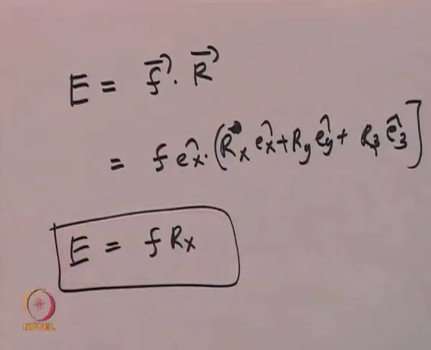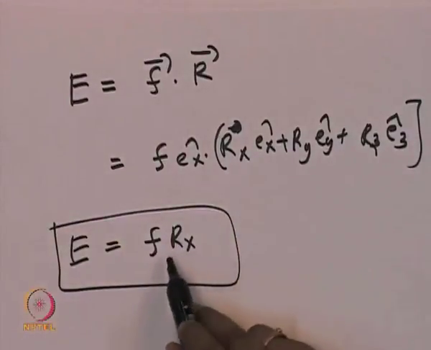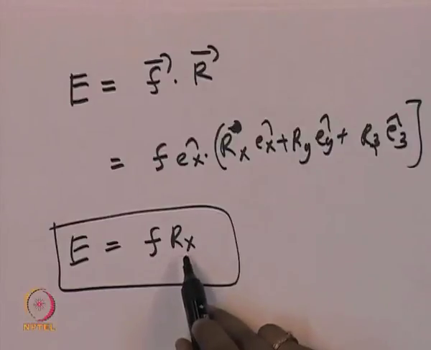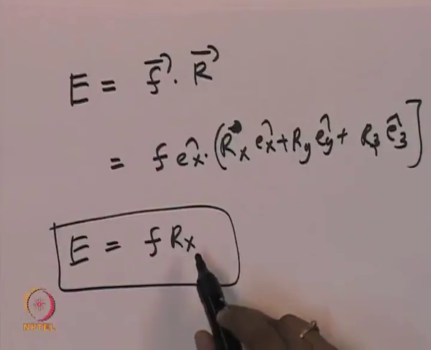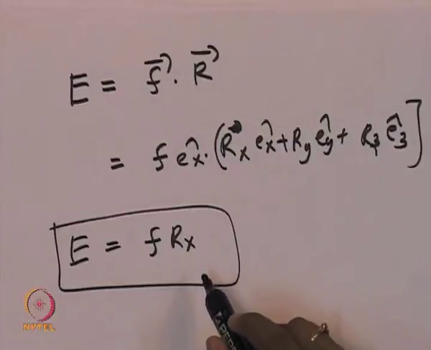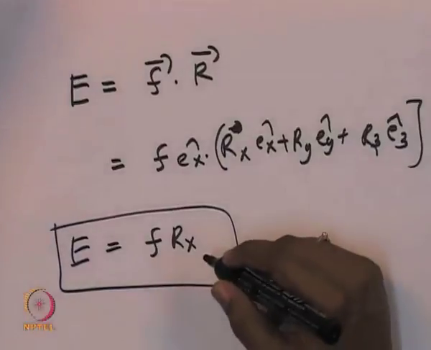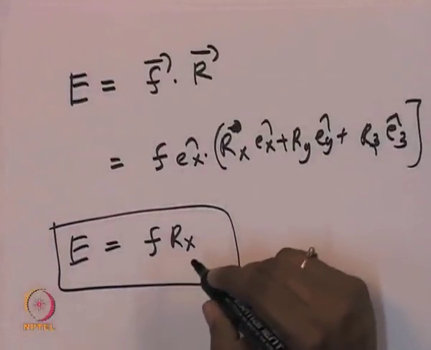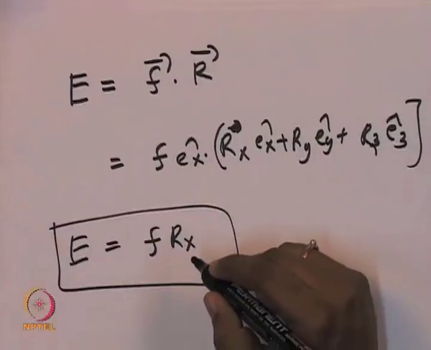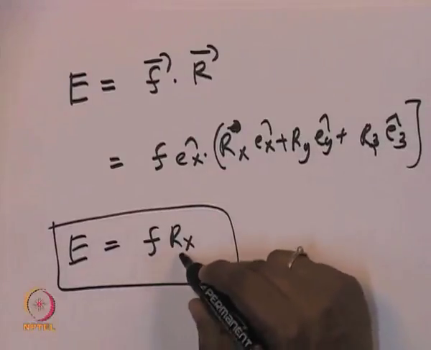So, bending energy is 0, but the work done for pulling is F r_x. This r_x will turn out to be cos theta if you take the angles properly.